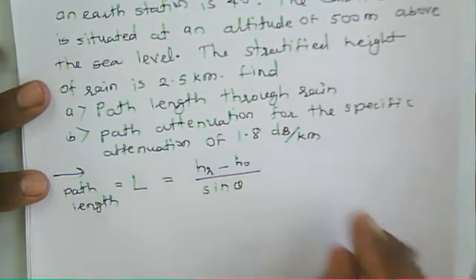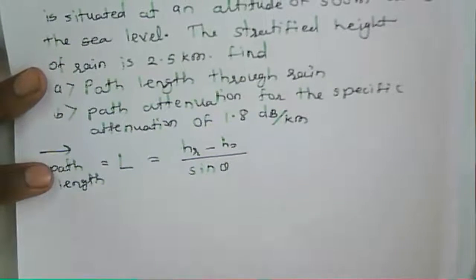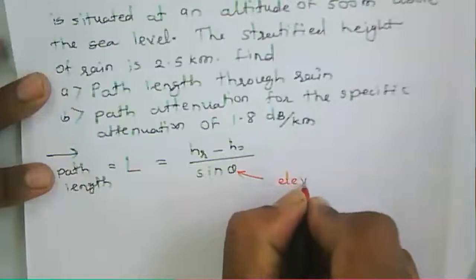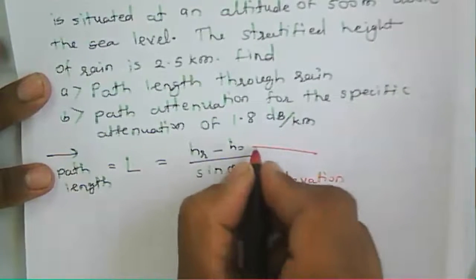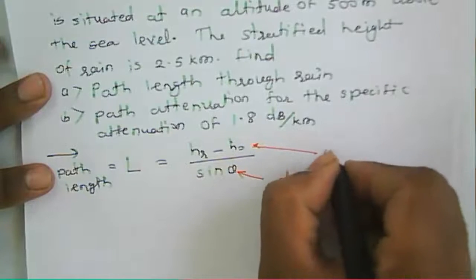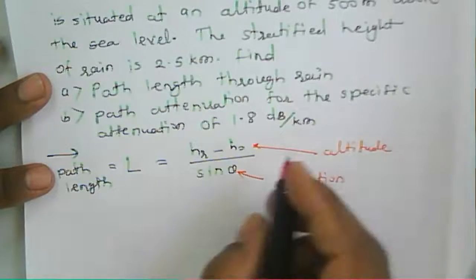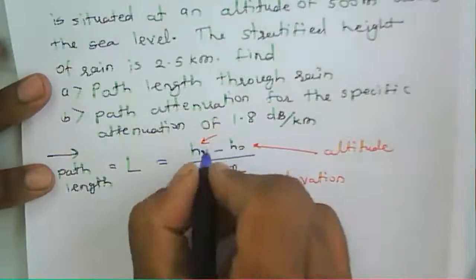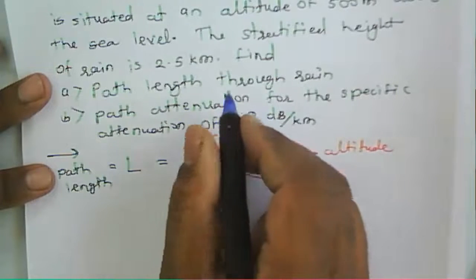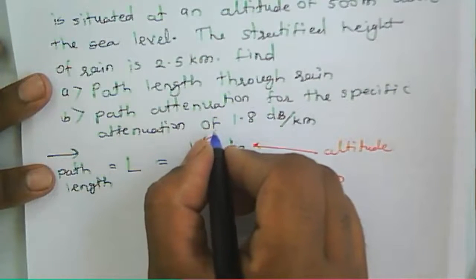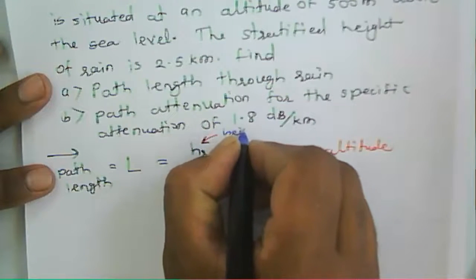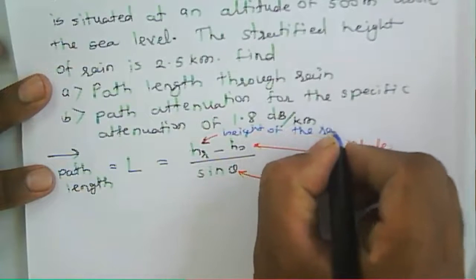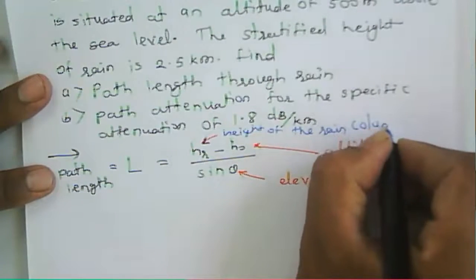Theta is the elevation, H0 is the altitude, and HR is the height of the rain column.